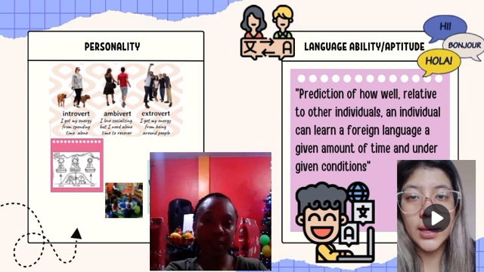Rod Ellis, a researcher and professor at Curtin University, identified three main personality factors when acquiring a second language: extrovert, ambivert, and introvert. According to this classification, extrovert learners are the fastest and most successful in learning a new language due to their social skills, which allow them to practice without obligation.